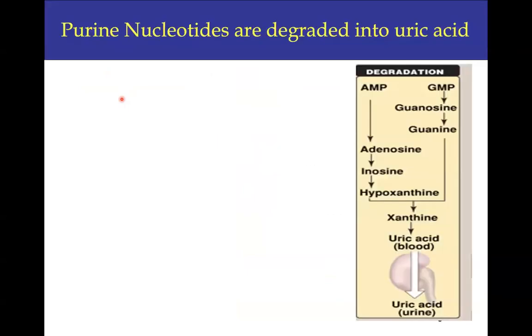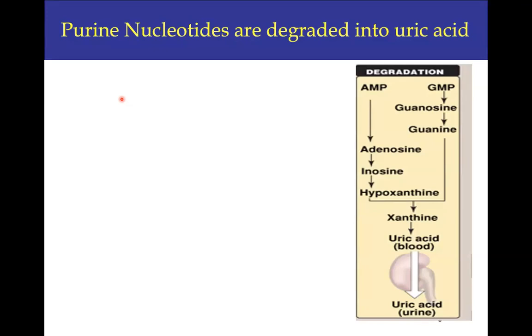So we mentioned earlier in the last presentation that all purine nucleotides, when they're degraded, can either be salvaged, so they can be reused to make new nucleotides, or they get converted into uric acid.